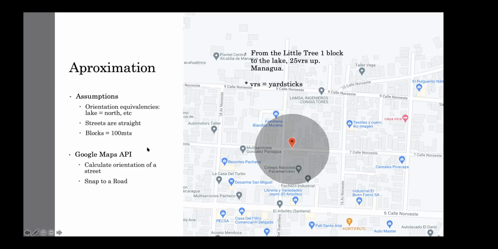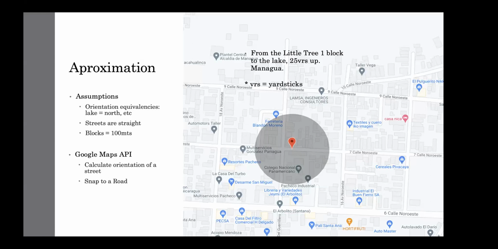So what we have implemented right now is an approximation that uses the Google Maps APIs, with some clever use of Google Maps that, for example, allows me to calculate the orientation of the street, and the results are always snapped to a road, so that way I avoid having coordinates in the middle of nowhere.